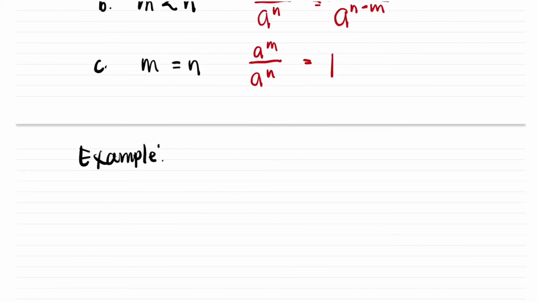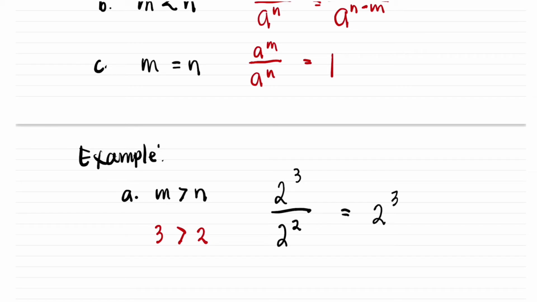For the first condition, m is greater than n. I have 2 to the power of 3 over 2 to the power of 2. 3 is greater than 2, so our solution is 2 to the power of 3 minus 2, which equals 2 to the power of 1, or just 2.